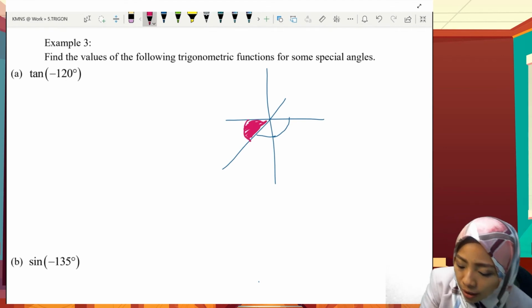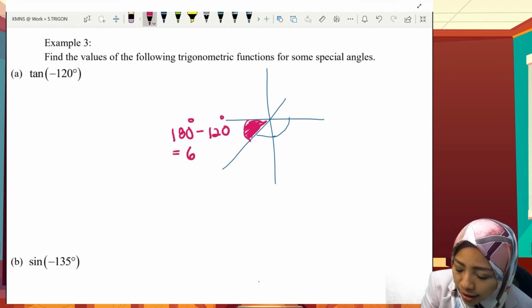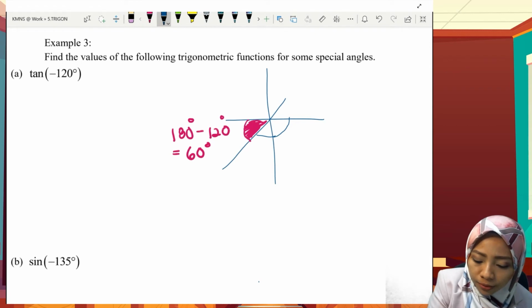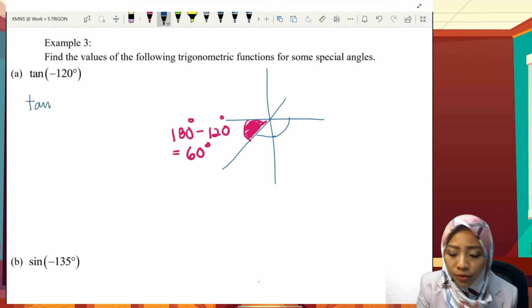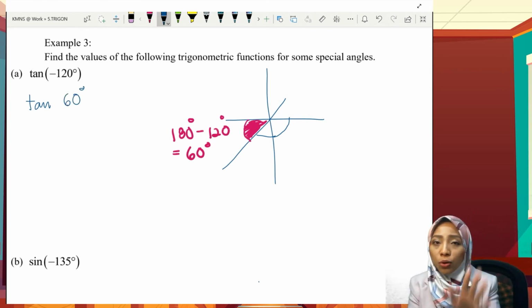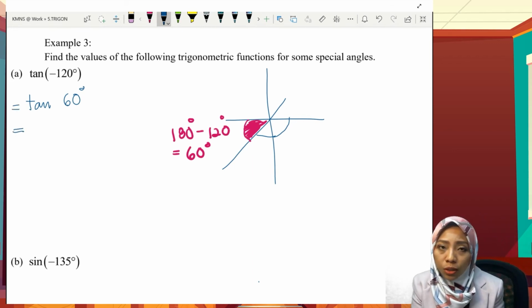So 180 degrees minus 120 gives us 60 degrees. Therefore tan negative 120 is equivalent to tan 60 degrees. And since tangent is positive in the third quadrant, it's positive, so we don't need to write down a sign.